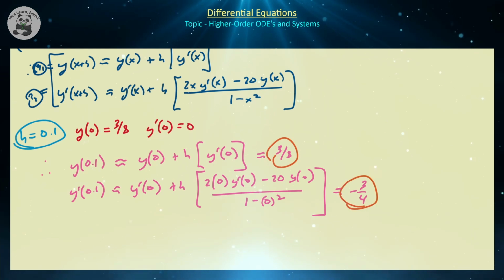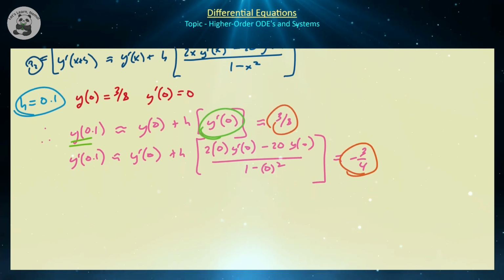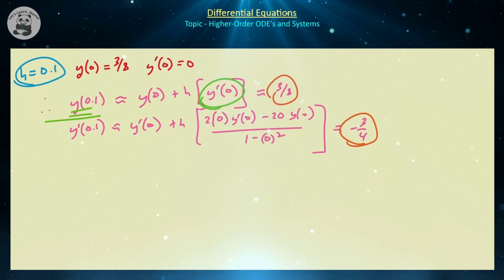Now keep in mind, if you're just trying to approximate y at 0.1, you technically don't need the next statement. The next statement is just going to be used to find the approximation of y of 0.2 using y prime of 0.1 in that particular step, right? So technically you can save that last line of calculations if you do not need the next step that follows after. Right, but we do.